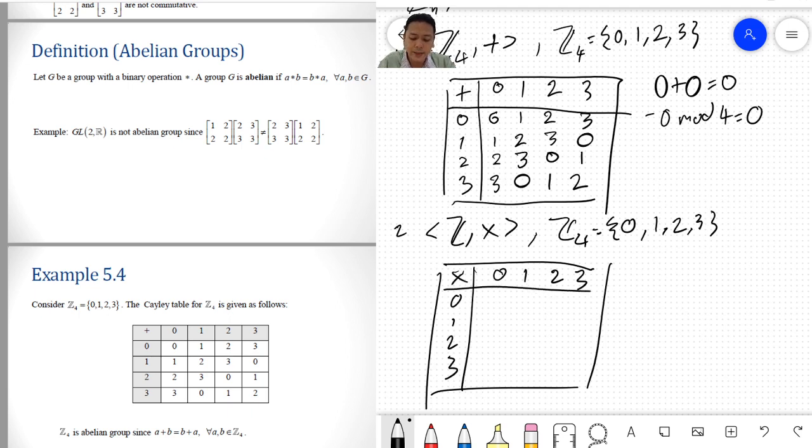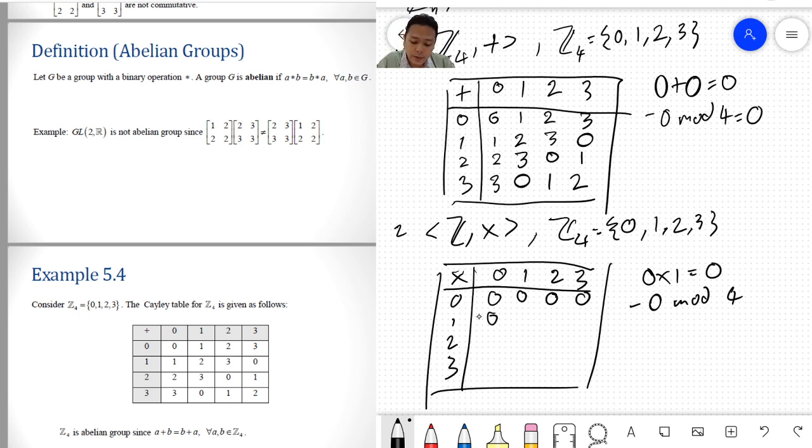Under multiplication, the same principle applies: 0 times 0 is 0, and then mod 4 it becomes 0. 0 times 1 is 0, then 0 mod 4 is also 0, so we have 0, 0, 0 here.